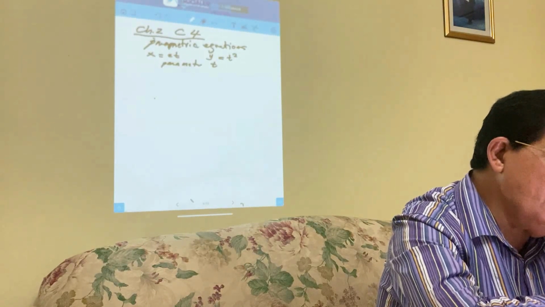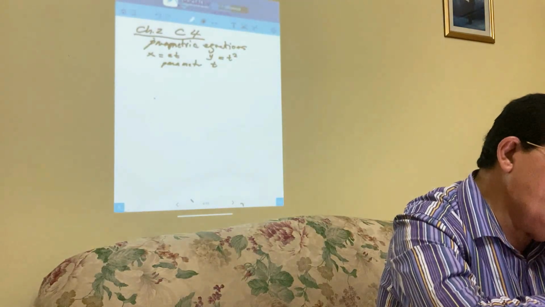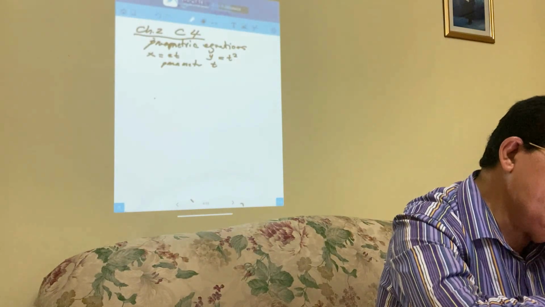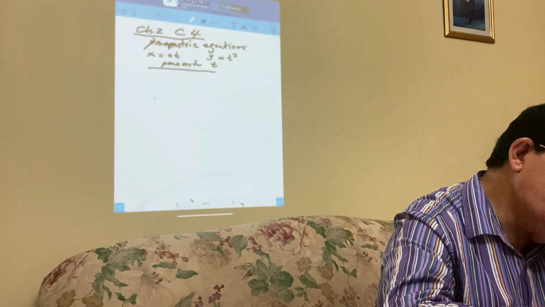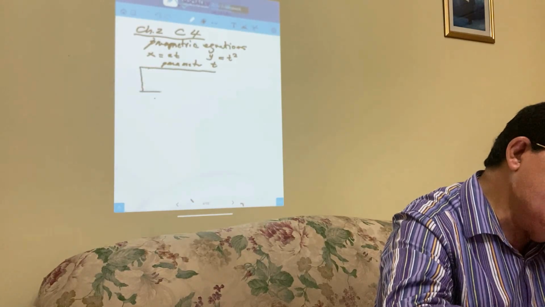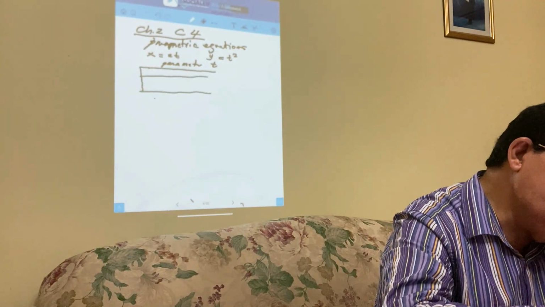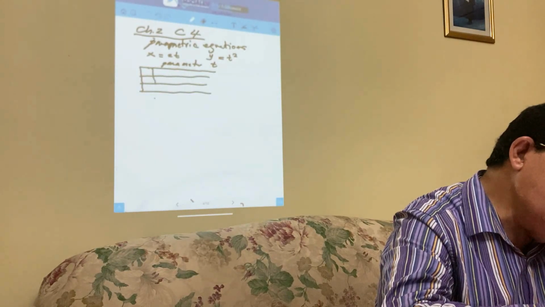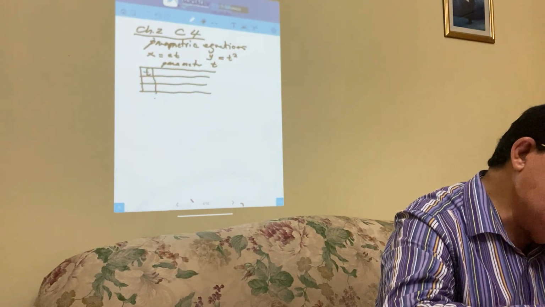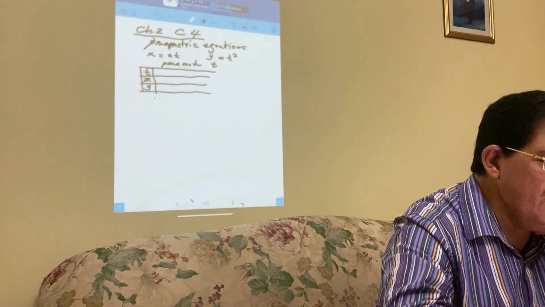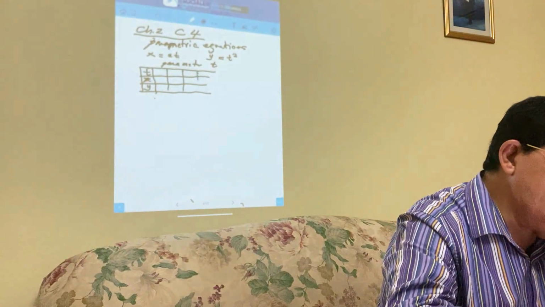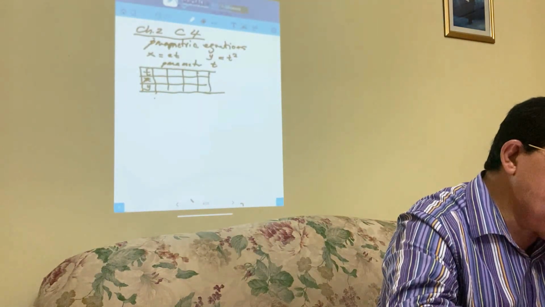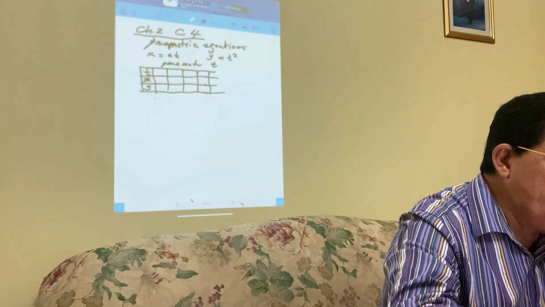In order to draw this graph, we need to make a table, and in this table we need to have 3 values: the value of the parameter t, then we find x, then we find y. After we calculate the values for each value of t, we plot the graph.